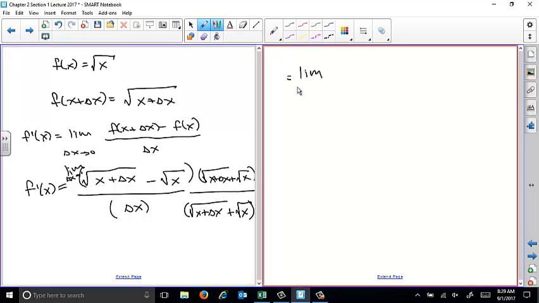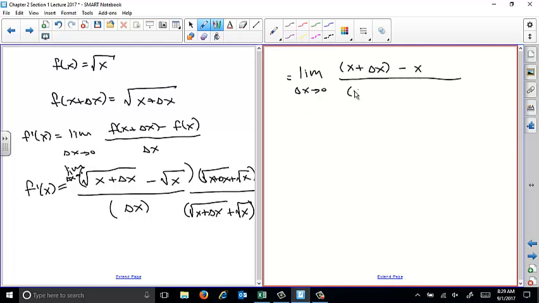So the next step is we're simplifying it. Using FOIL, when you multiply the square root of x plus delta x times the square root of x plus delta x, you get x plus delta x. When you multiply the inner and the outer, they cancel out. And when you multiply the last, you get negative x, because the square root of x times the square root of x is x, and you've got the negative sign. So that's what the numerator becomes.